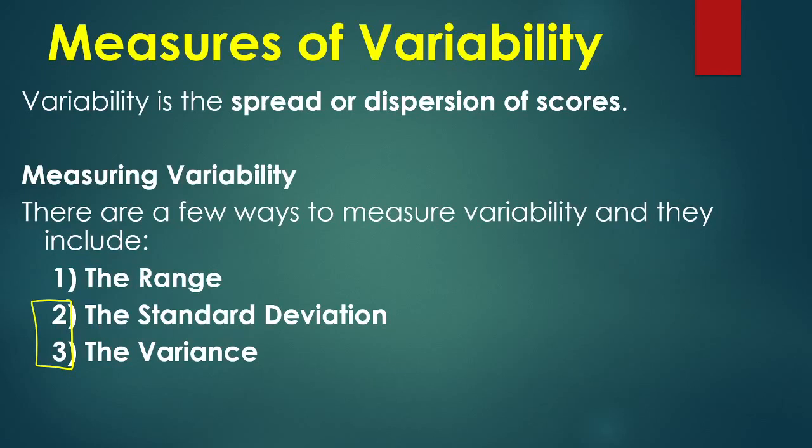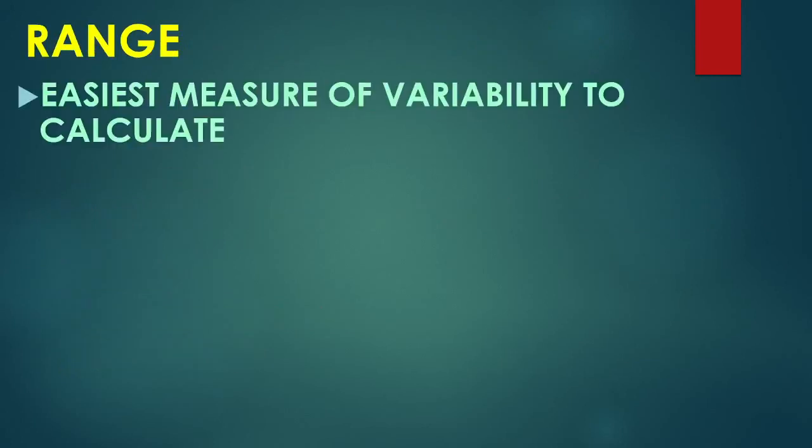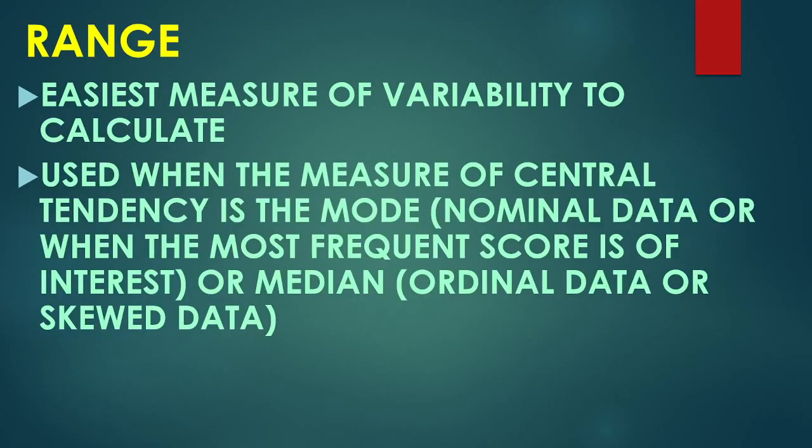Now, we will begin with the range first. The range is the easiest to compute. This is the easiest to calculate. Why? It's because you will be only subtracting. So, take note of this. The range is used when the measure of central tendency is the mode or the median. Okay?